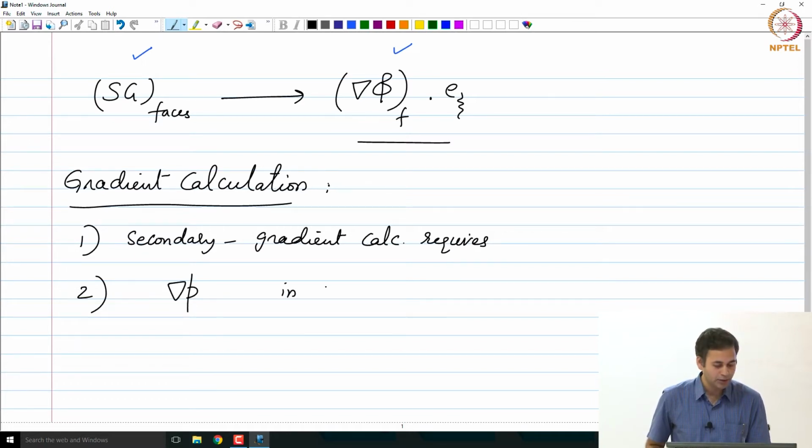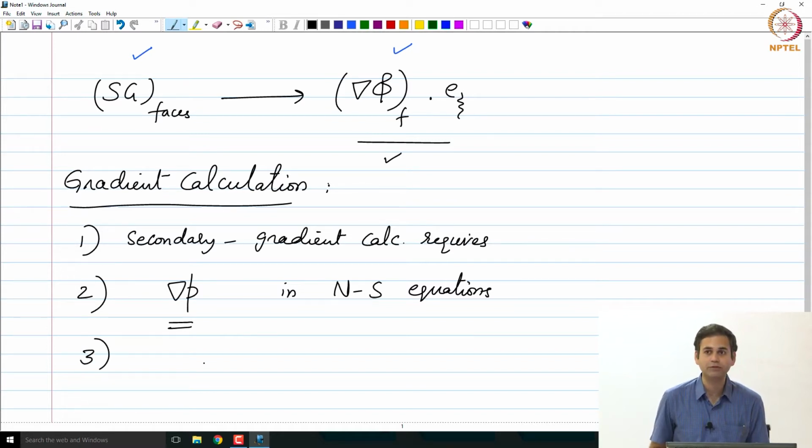In the calculation of Navier-Stokes equations, we have the pressure gradient term which needs to be calculated. Now we also note that it is not just the gradient in the direction of the phase that is required, but rather the gradient in all the directions, right. All the components of the gradient are required here. All the I, J, K components are required, not just in the direction of the phase as is required by the secondary gradient.